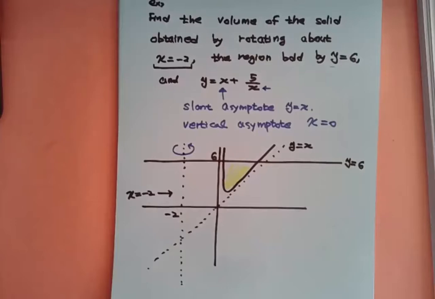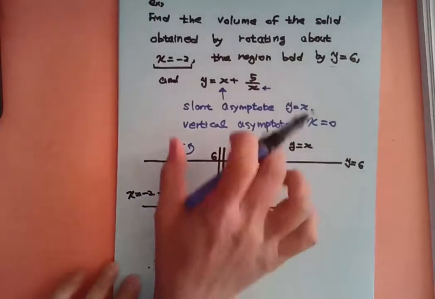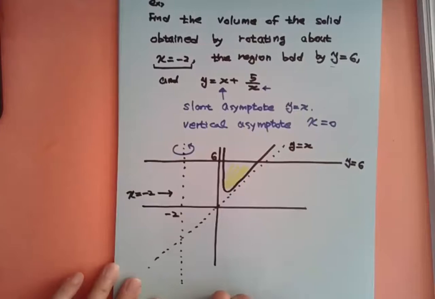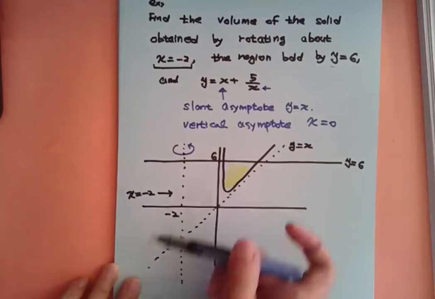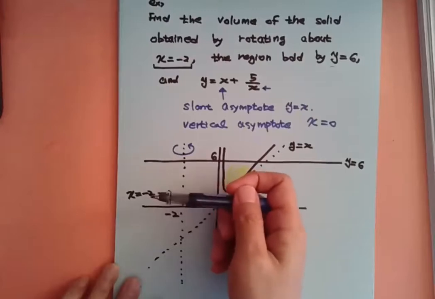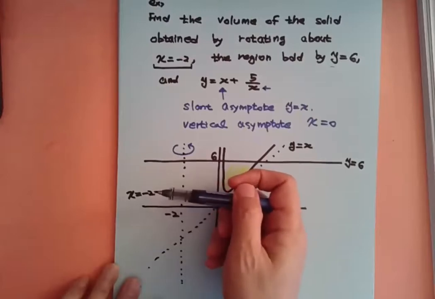Yesterday, we were talking about cylindrical shell method. When we think about the cylindrical shell method, we think about the stick, which is parallel to the rotational axis. For disk method, you have to draw the stick, which is perpendicular to the rotational axis. But we are thinking about the cylindrical shell method.